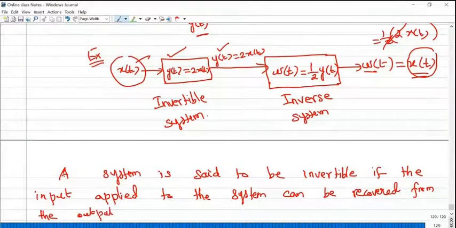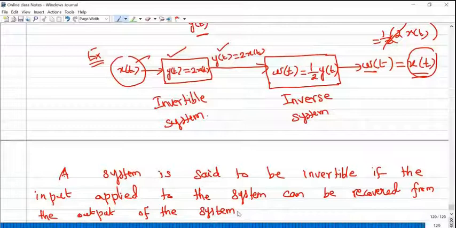Can be recovered from the output of the system. Okay. Simple definition.